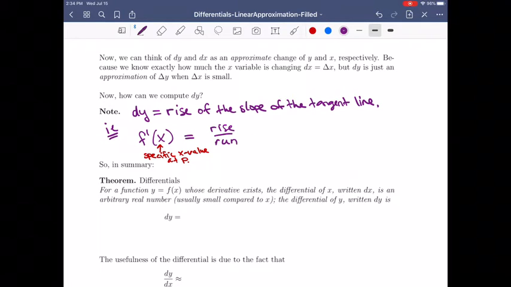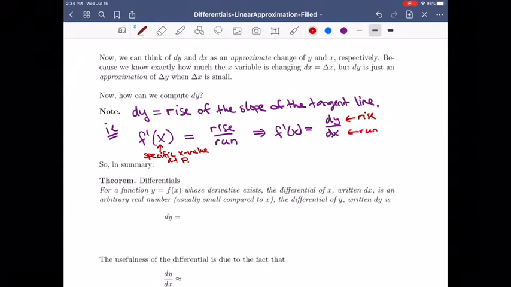So that means that f prime of x is actually dy over dx, so that's nice. Our notation still makes sense. This is the rise and this is the run. Then we can rearrange to get that dy is actually f prime of x times dx. This is how we can compute dy, our approximation for the change in y.